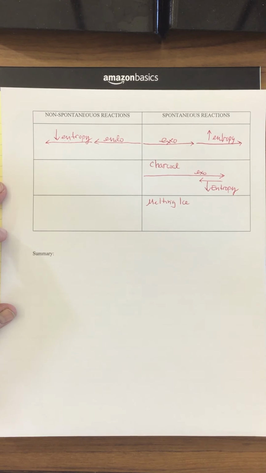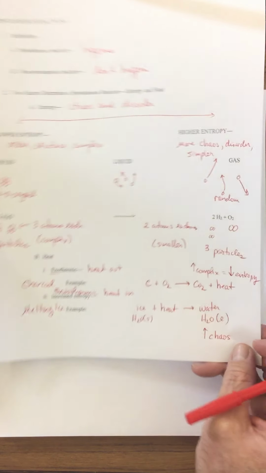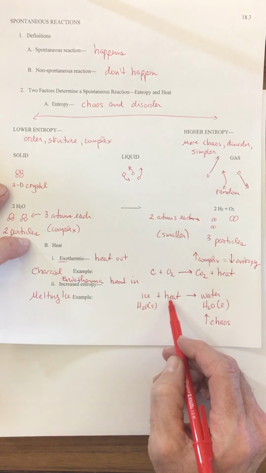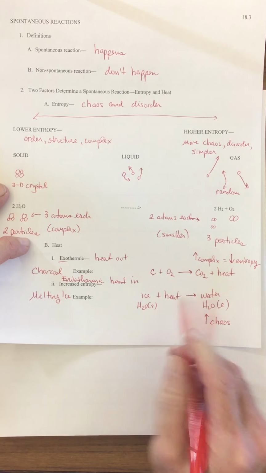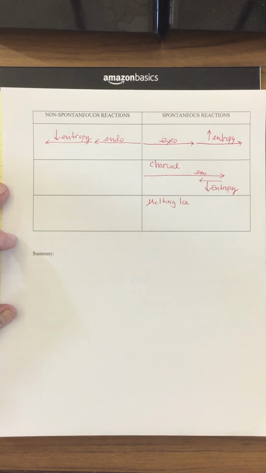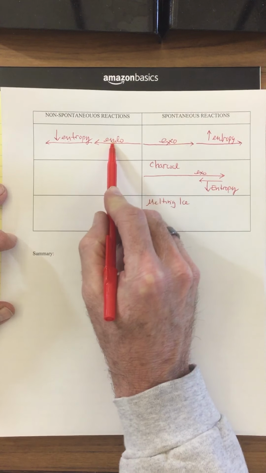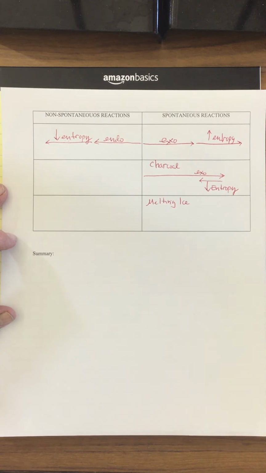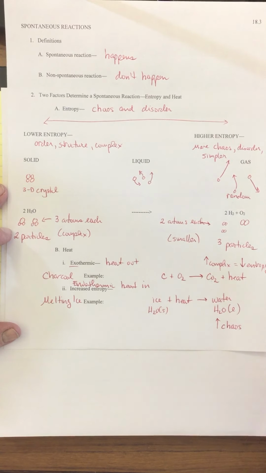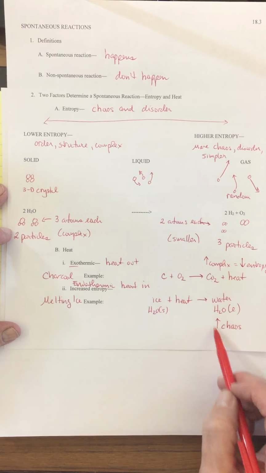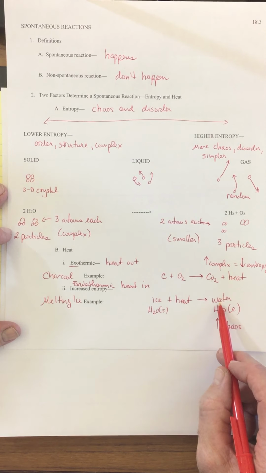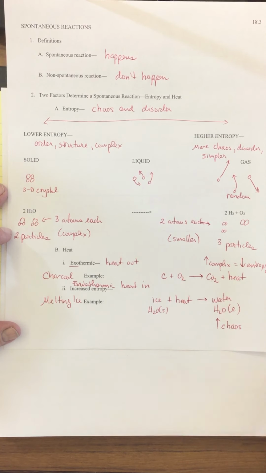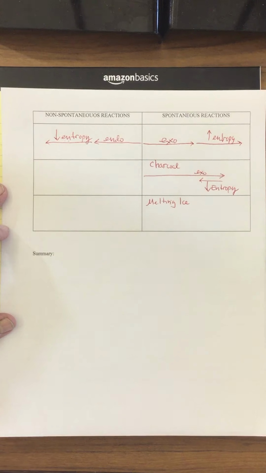Let's take a look at melting of ice. Melting of ice, again, is an endothermic reaction because we're adding heat into it. But endothermic reactions are non-spontaneous. How does this reaction go forward? Well, we have to take a look at the entropy. This process ends up with more chaos and more disorder by melting something.